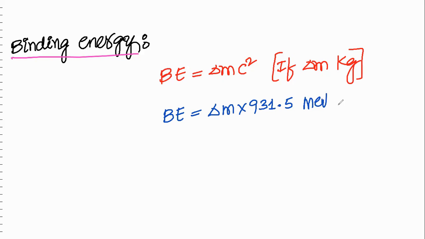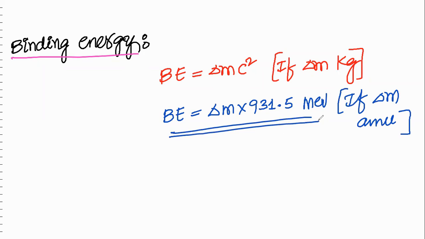That we will take if delta M is in atomic mass units. If the mass defect is in atomic mass units, this is the formula to calculate binding energy.